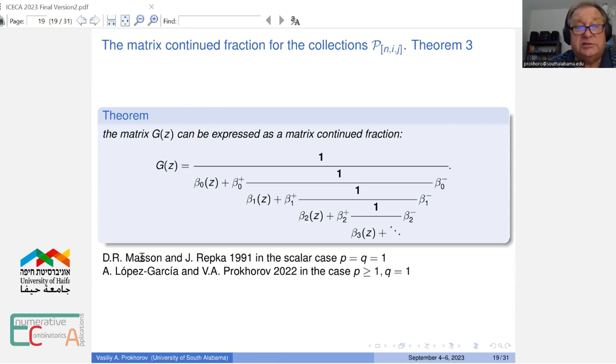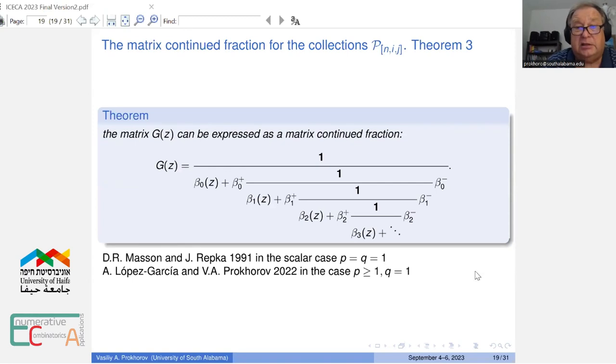About the history of this result: the case P equals 1, Q equals 1 is a result of Masson and Repka. We obtained this type of representation for resolvent functions of a double-sided Jacobi matrix. With Dr. Lopez Garcia, we obtained in 2022 the case when P is greater than or equal to 1, Q equals 1, and now this theorem is the general case.